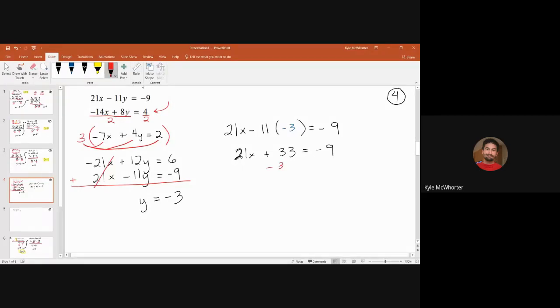Then we're going to subtract 33 from both sides of the equal sign. We get 21x equals, I'm going to add these numbers, -42. Then divide both sides by 21. And we get x equals -2. So our solution is the ordered pair -2, -3.